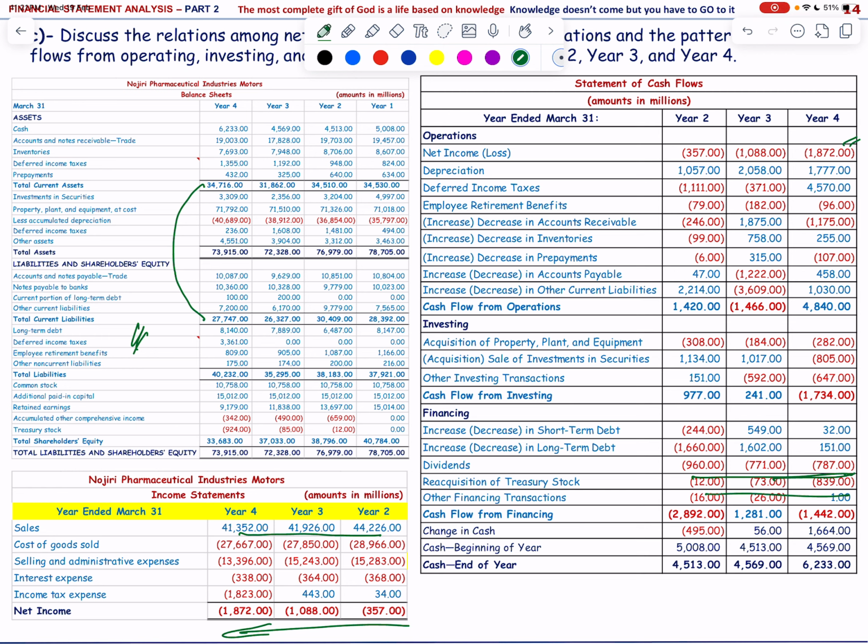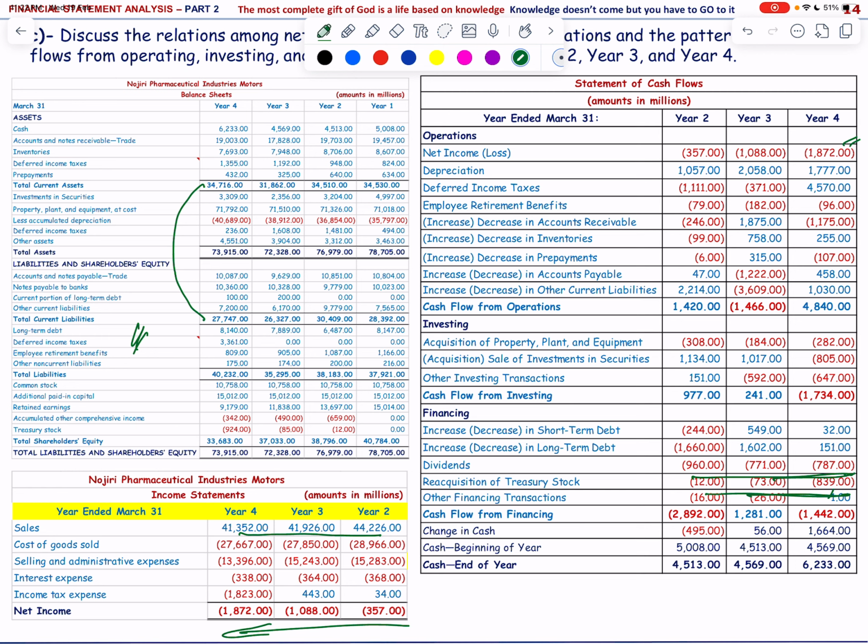Although there are financial challenges, what they suggest is that the company is facing a potential liquidity crisis. So the firm's ability to continue meeting its obligations, especially if the trend of negative net income and cash flow from operation continues, may be in jeopardy.